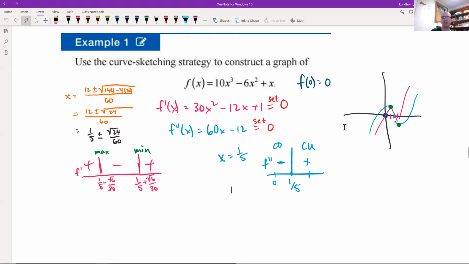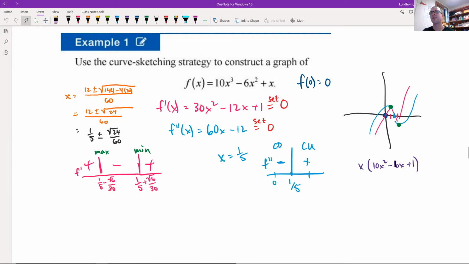One of the things that you could do is factor that original function. Let's use purple. If we factor that original function, we get x times 10x squared minus 6x plus 1. So that definitely does tell us that it goes through the origin again.